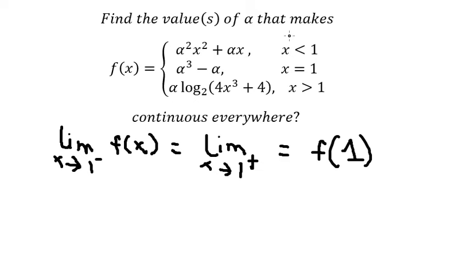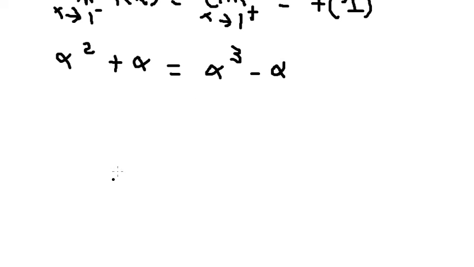The first thing, we just consider this one and this one. So we put number 1 in here. So we have alpha squared. This one we have number 1. So we can write like this: alpha equals alpha to the power of 3 minus alpha.